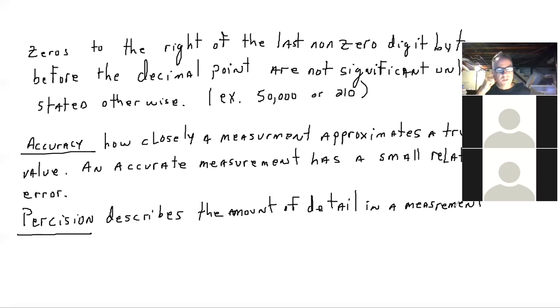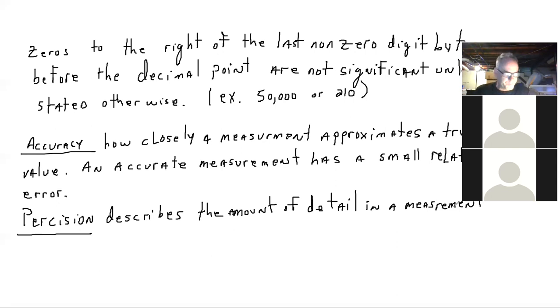Okay. So when we talk about precision, we may think of a scale, something we would weigh something with, and we may say, okay, its precision is to a tenth of a pound, as an example.